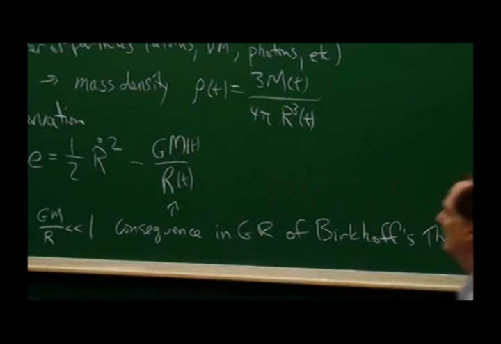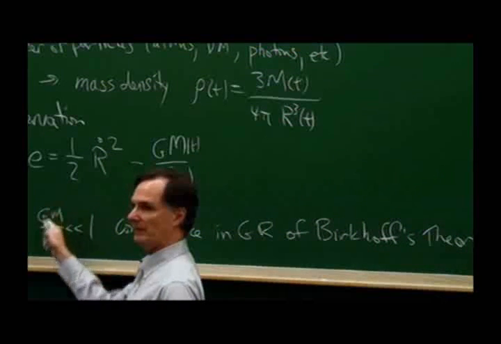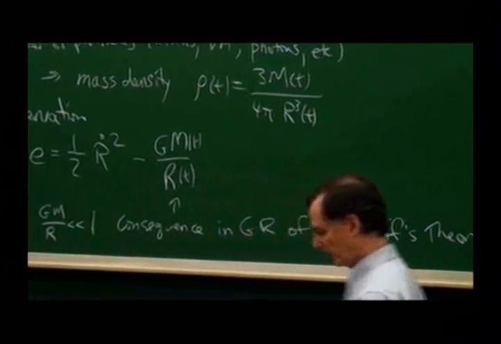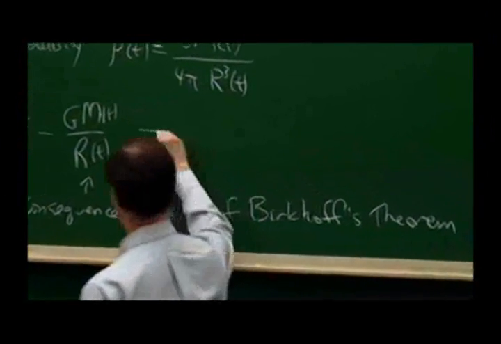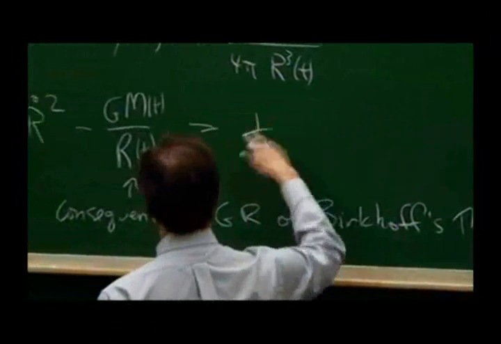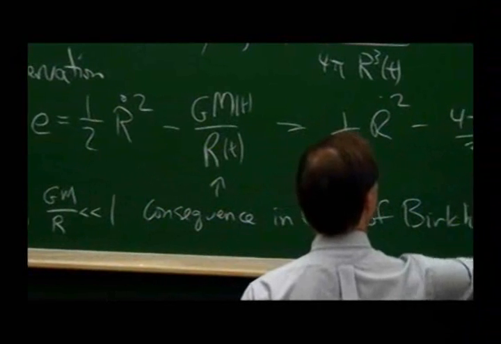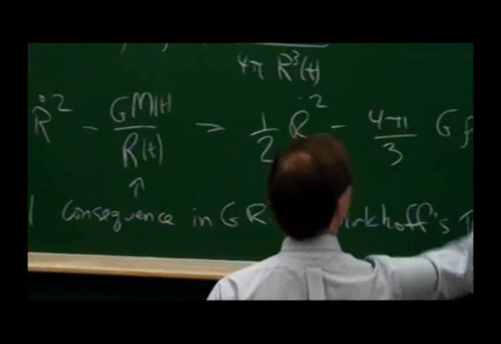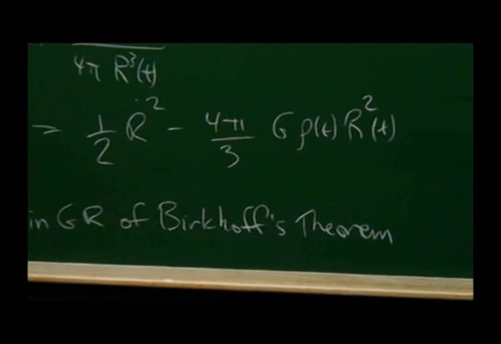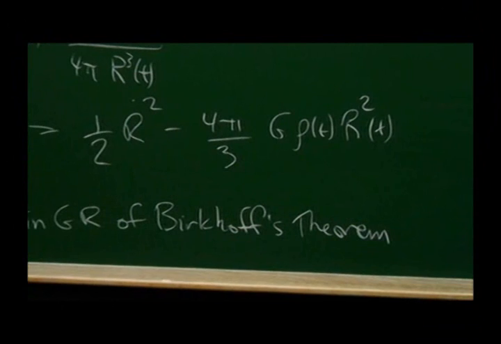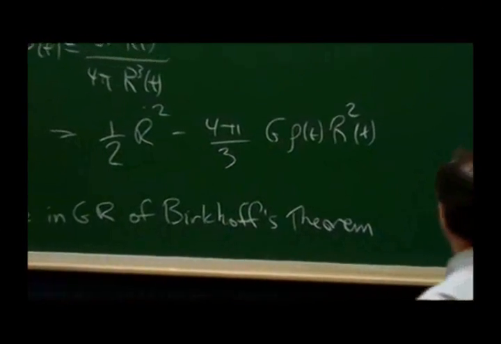And for low velocities, and provided I satisfy this weak field condition, I can get away with a Newtonian treatment. So this is just putting in what M of t is. There we are. That's the energy, and it is conserved for this test particle. So it's independent of time.